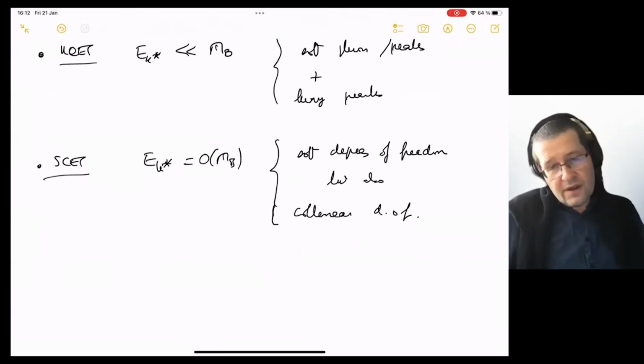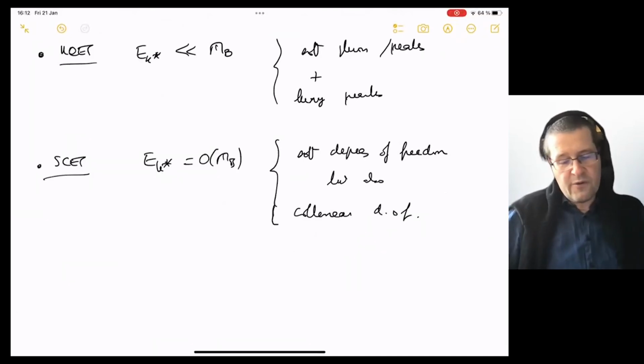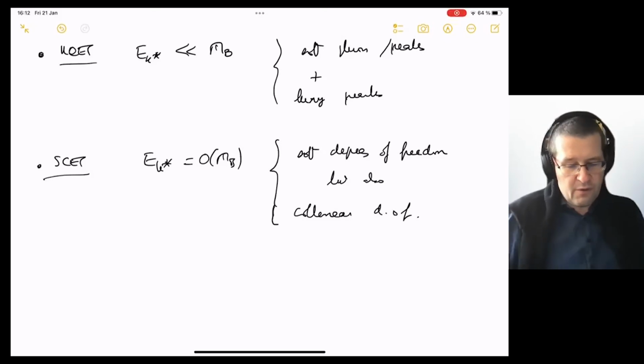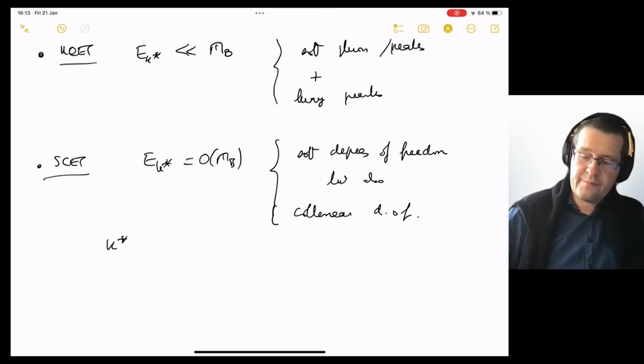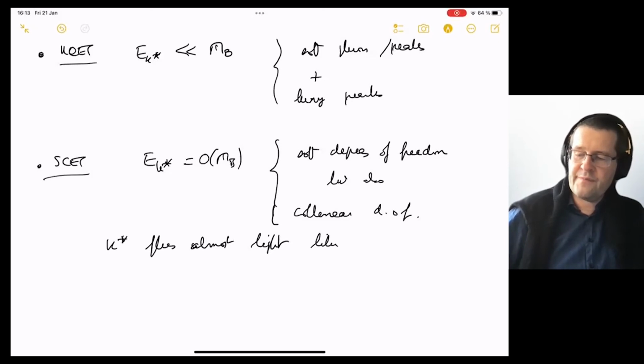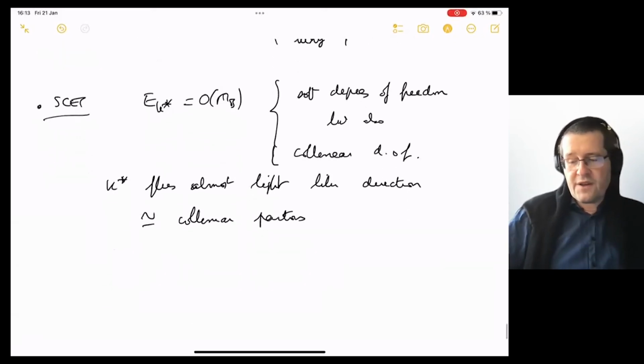Along that direction, in the limit where you're flying along a light-like direction with a very high energy, a good approximation is that your K star is made of collinear partons, quarks and gluons.